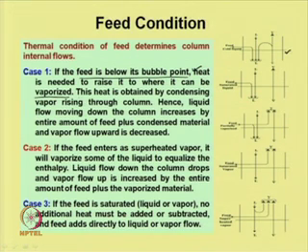This heat is obtained by condensing vapor rising through the column. Hence, we can say the liquid flow moving down the column increases by the entire feed amount plus the condensed material, and the vapor flow upward is decreased.